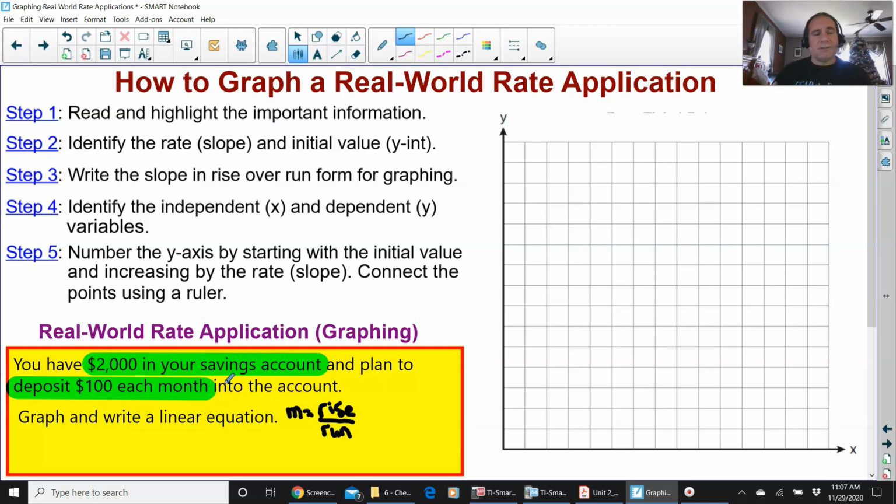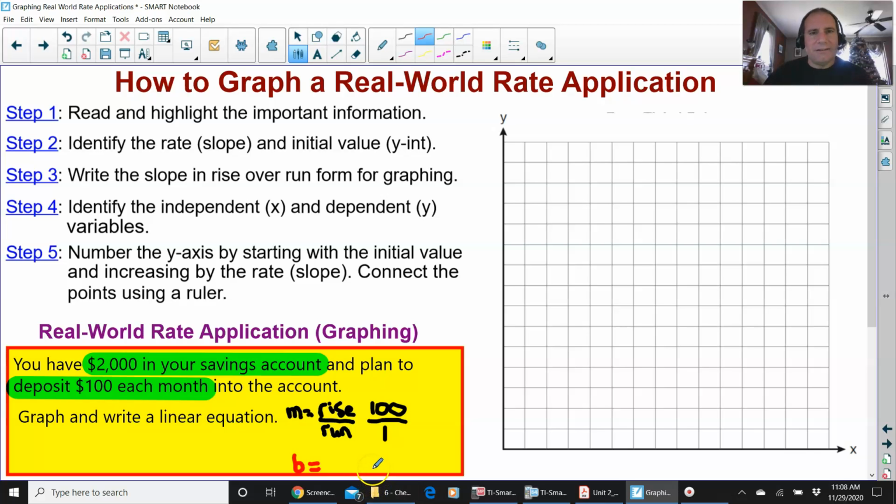How much does this person plan to save over and over and over again? Yes, if you said 100, that is correct. Plans to deposit $100, and I'm going to put that over 1 because that is my rate. I'm graphing. I want it in rise over run format.